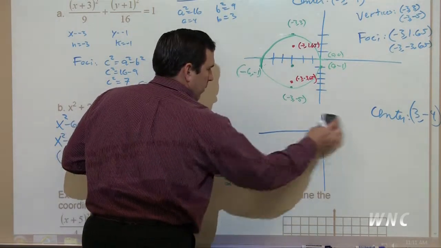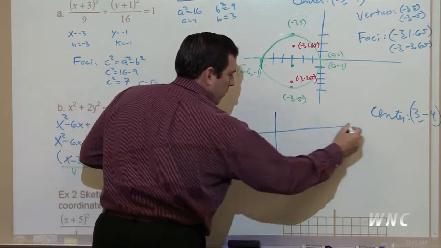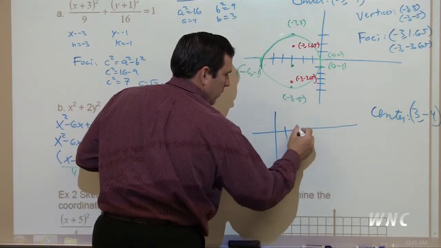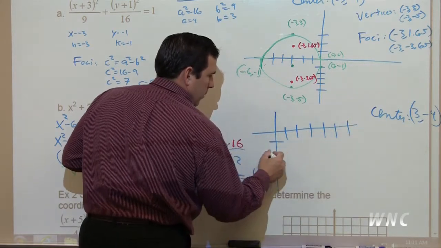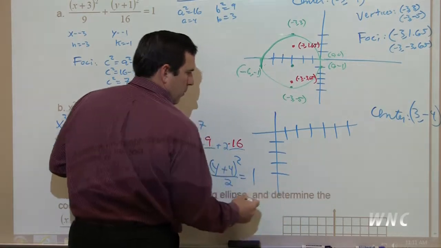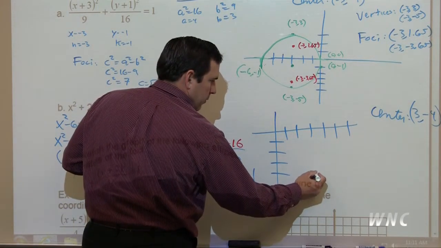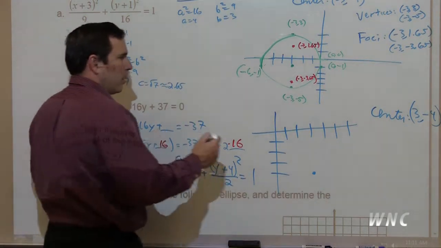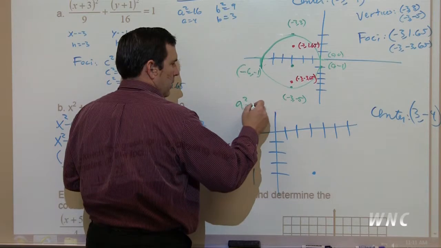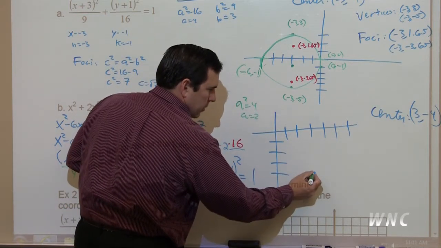Okay, so 3, -4 puts it right about here. Now a squared is 4, so a would be 2. So come 2 units to the left.